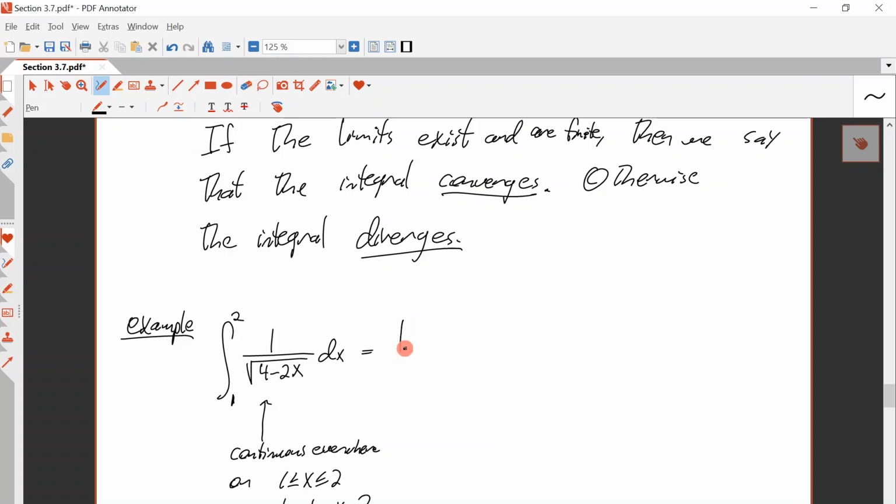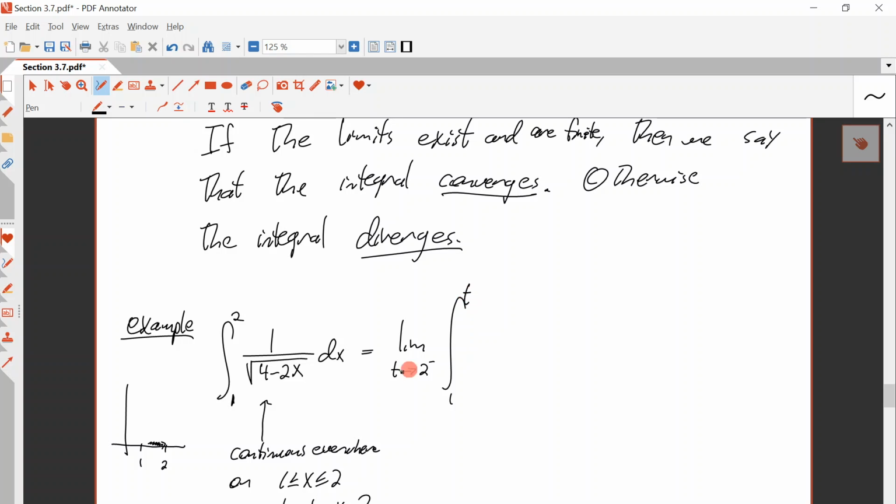So we set this up as a limit. Right, so t approaches 2 from where? From the left or from the right? Alright, so the interval looks like this. Here's 1 and here's 2. So we're approaching 2 from the left, from numbers less than 2.